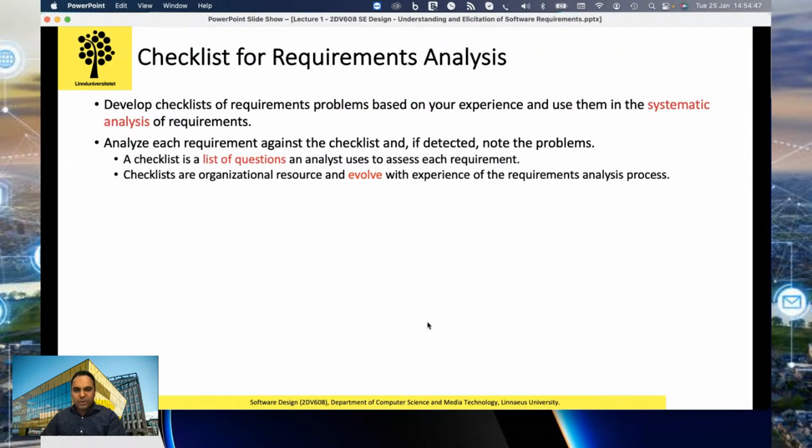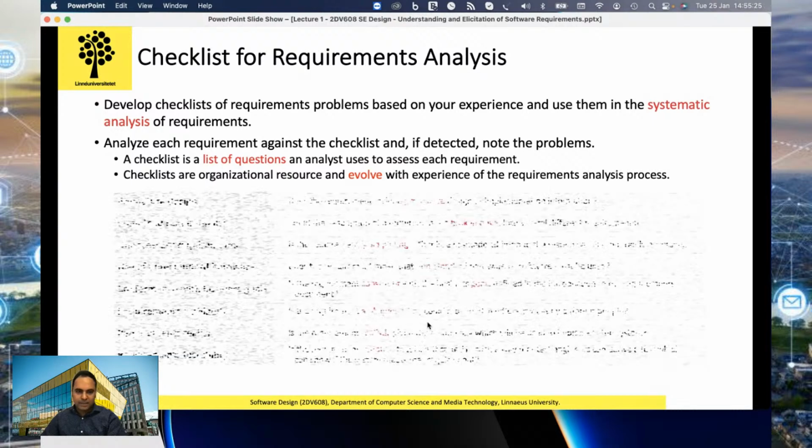And since we are talking about requirements analysis, there is a systematic way of requirements analysis. When we call it systematic, that means we individually assess each requirement based on some criteria. I would like to also emphasize this slide, because this is one of the slides that you will be using for your assignment, and many people either misunderstand or misuse this slide.